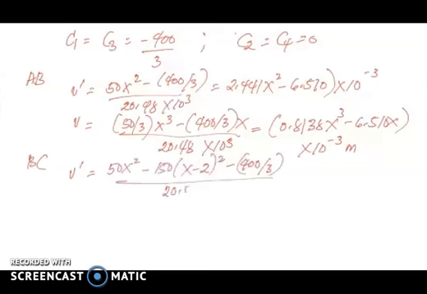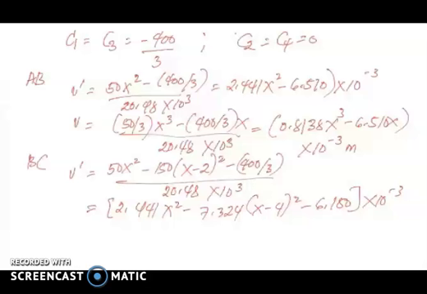This gives us the result of 2.441 x squared minus 7.324 times x minus 2 squared minus 6.510 times 10 to the negative 3.